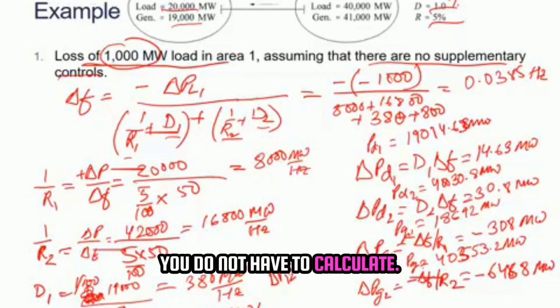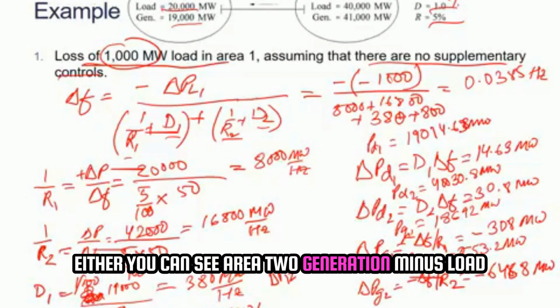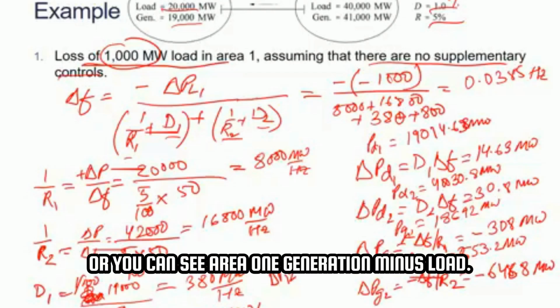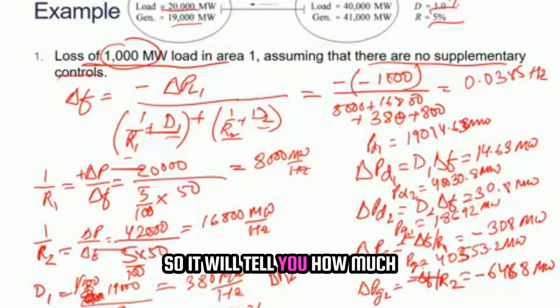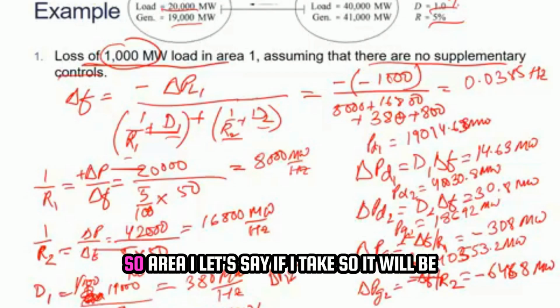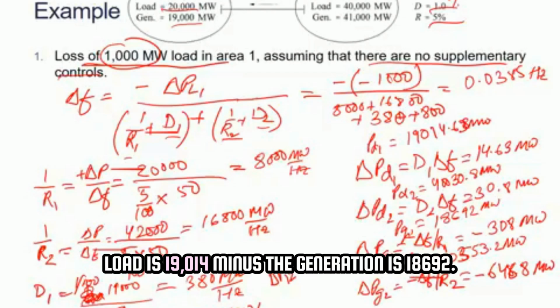You do not have to calculate; you can see area 2 generation minus load, or area 1 generation minus load. It will tell you how much importing is happening. So in area 1, the load is 19,014 minus the generation of 18,692.